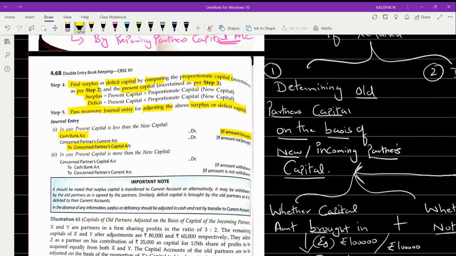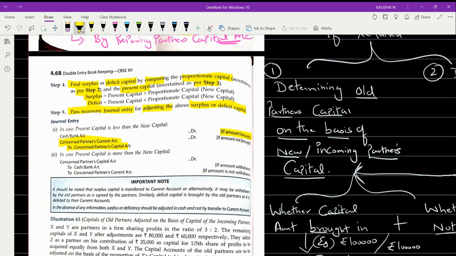If the amount has not been brought in, then the concerned partner's current account is debited to the concerned partner's capital account. If he has brought some amount and not brought some amount, then to the extent he brought will be debited to cash, the extent he has not brought will be debited to his current account, and the total value will go to the capital account.